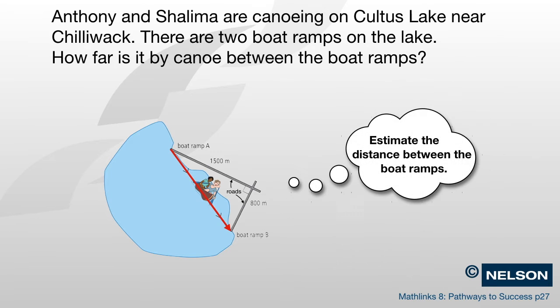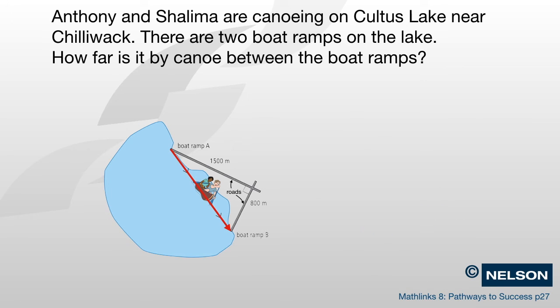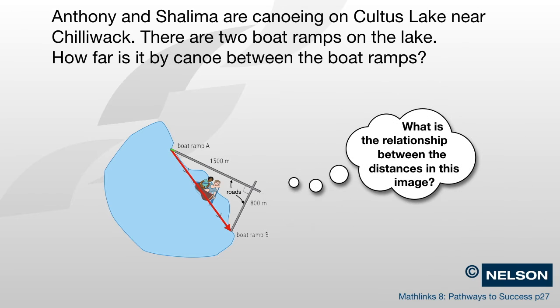Take a moment to estimate the length of the distance between the boat ramps. An estimate that is a little bit greater than 1,500 meters is reasonable since the distance by canoe is the hypotenuse of a right triangle. Can you describe the relationship between the distance by canoe and the two distances by road?